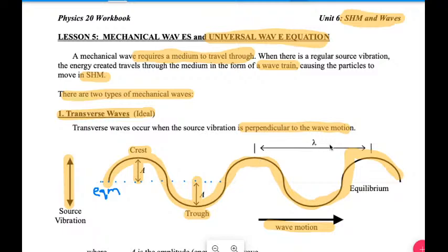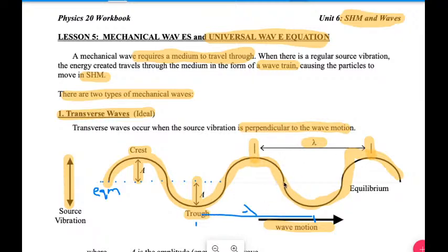Next we have our wavelength, represented by the Greek symbol lambda, and that'll always be the distance between 2 identical points on the wave train. We could measure it from 2 crests, we could just as easily measure it from 2 troughs. That's the same wavelength.